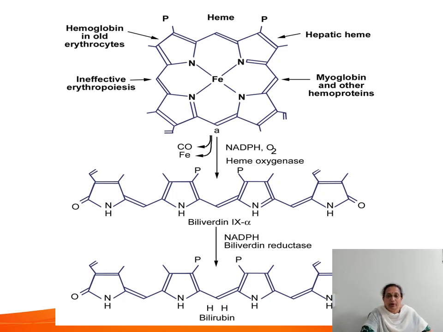The methenyl bridge is quantitatively liberated as carbon monoxide, and this biliverdin in humans is acted upon again by NADPH dependent enzyme biliverdin reductase, finally forming bilirubin. Biliverdin is a greenish pigment and bilirubin is a yellowish pigment.